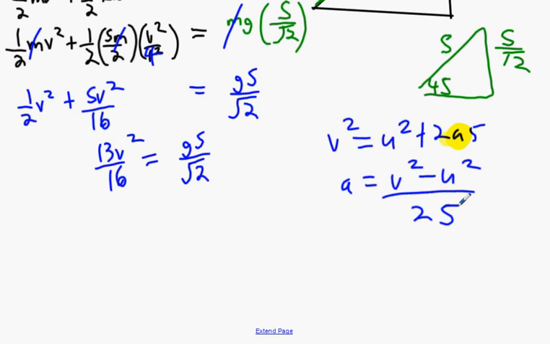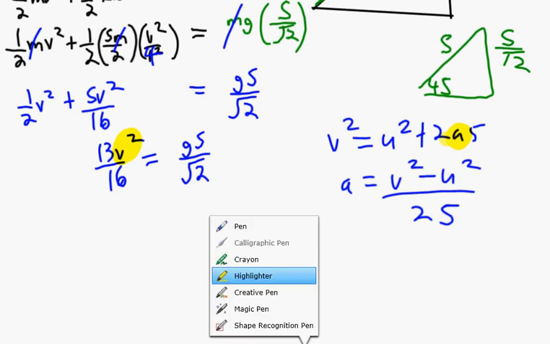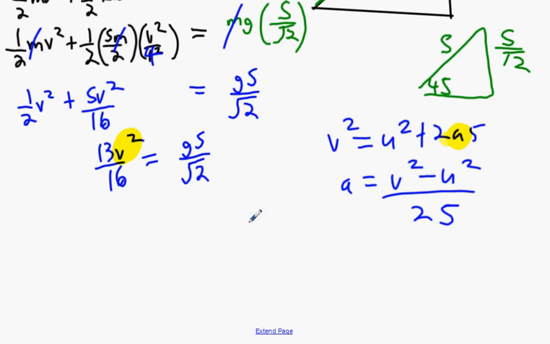If I isolate my v squared out of here, I can then just substitute it in without doing any further evaluation. V squared equals 16 gs all over 13 root 2. Insert directly into this formula here.